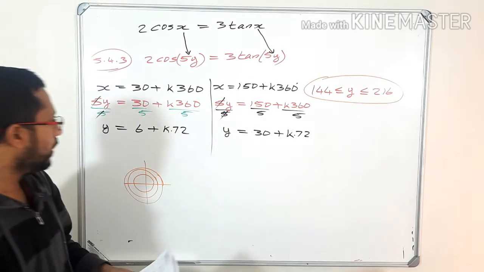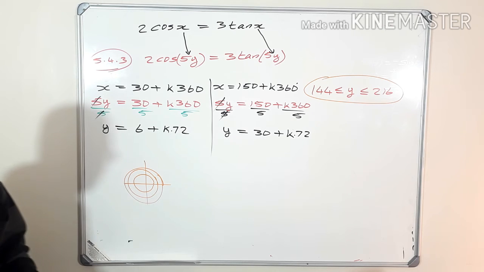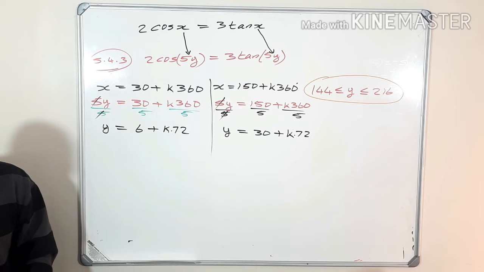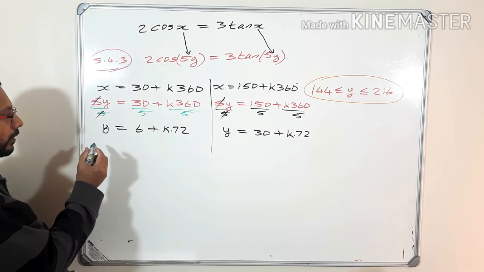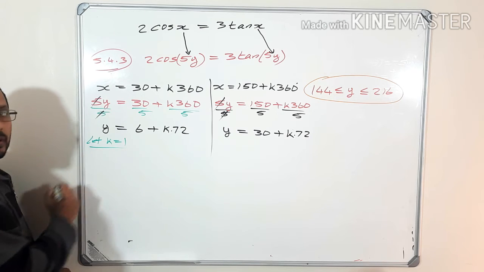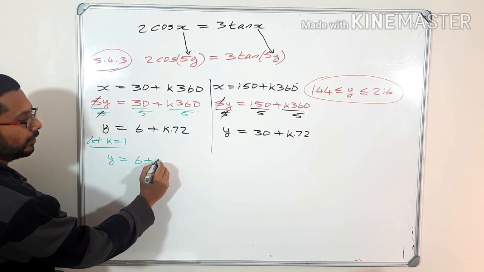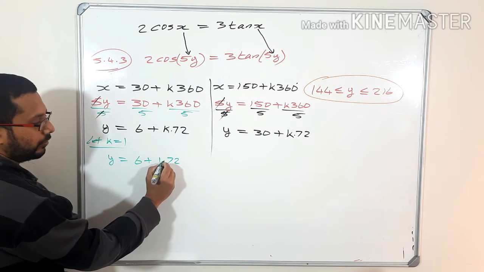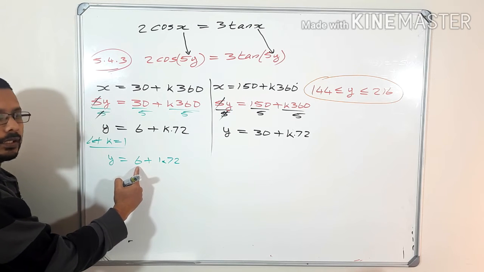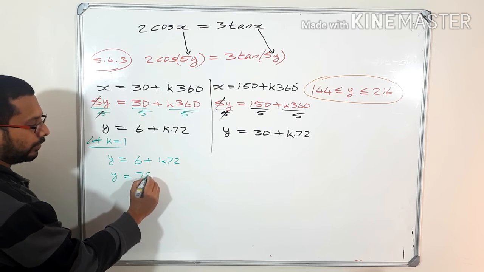Let me substitute the value of k as 1 just for a trial. Let k is equal to 1. So y is equal to 6 plus 1 times 72. 1 times 72 is 72, 72 plus 6, y is equal to 78.